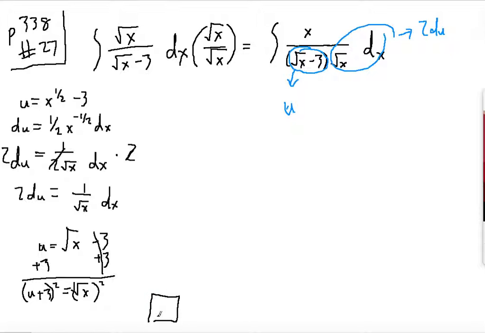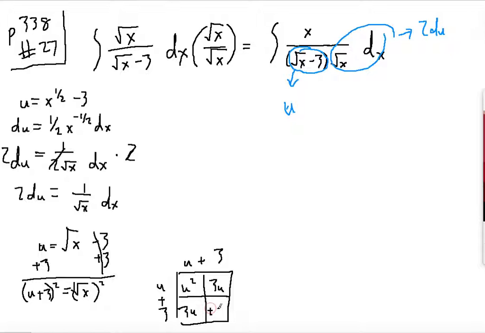Go ahead and use your box form, your FOIL form, however you want to distribute. We take u plus 3 times u plus 3 to get u squared plus 3u plus 3u plus 9. And we know now that x is going to be equal to u squared plus 6u plus 9.